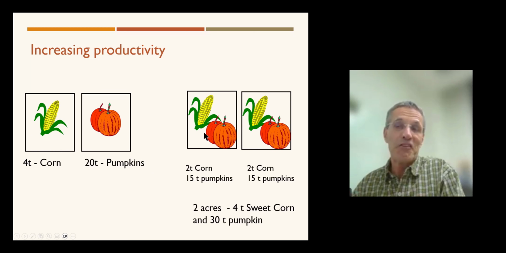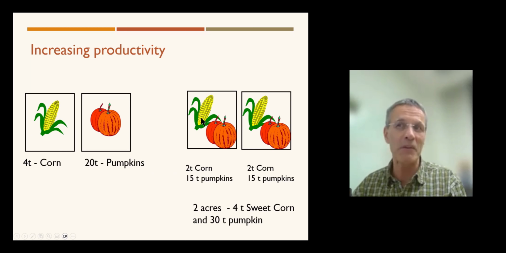So, for example, this is just hypothetical, but you might actually reduce the corn yield because corn is quite susceptible to competition. So you might only have half of that. But pumpkins or squashes are less susceptible to a lot of the resource competition, and they might produce more. So in the end, you end up with something more, and thereby increase your overall productivity.